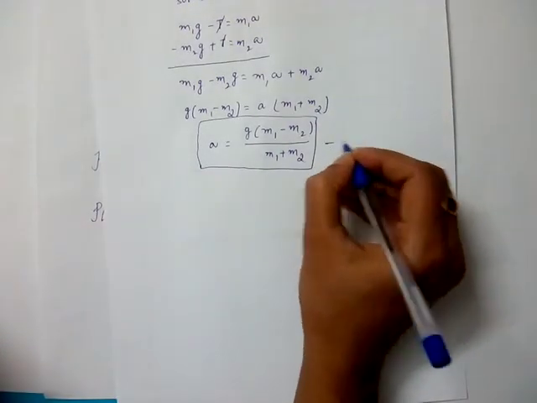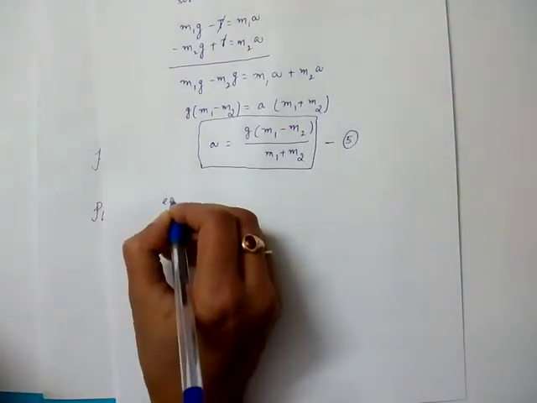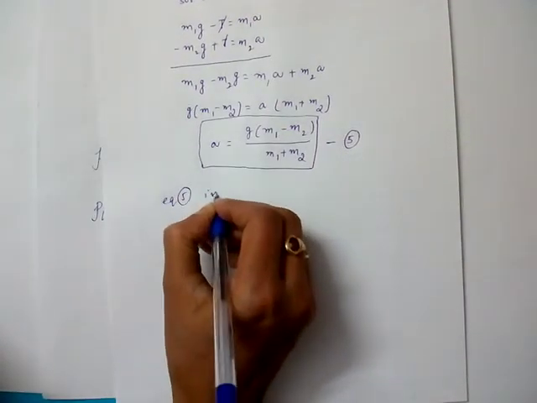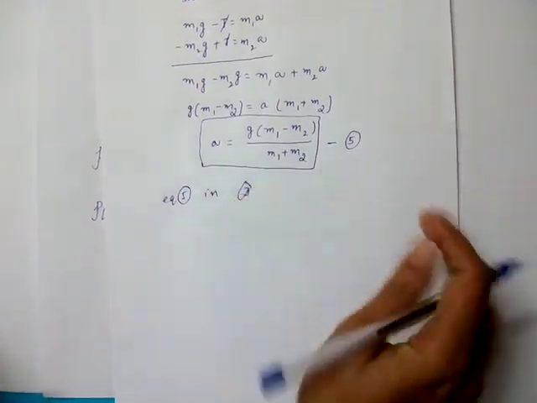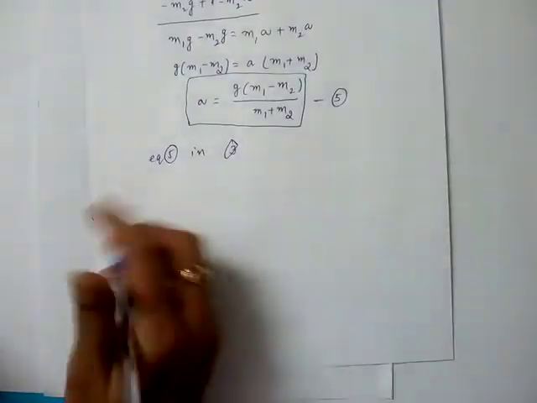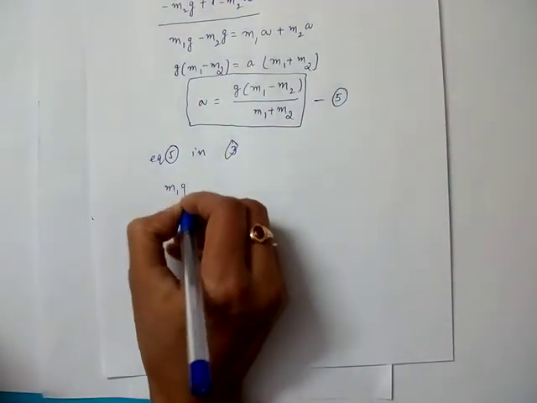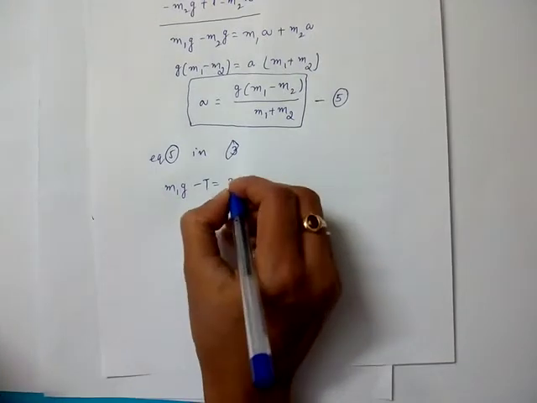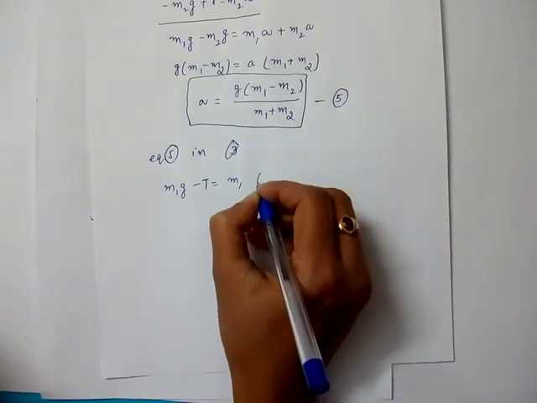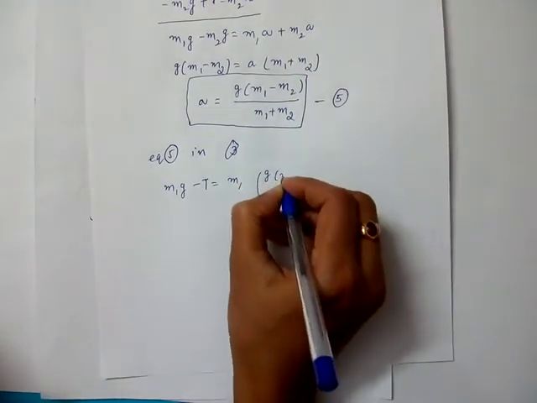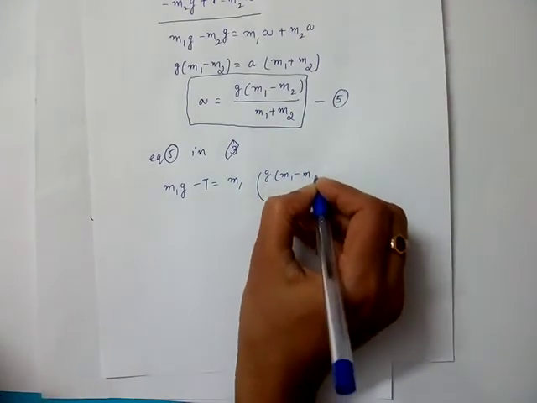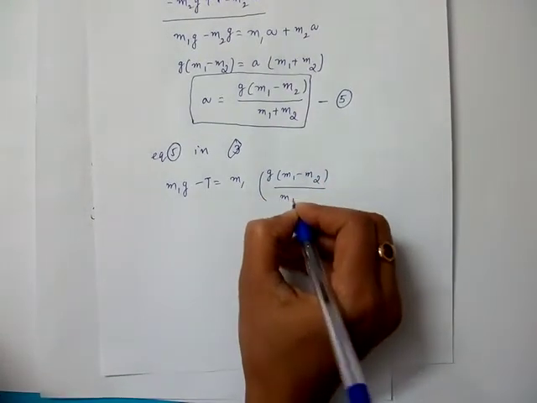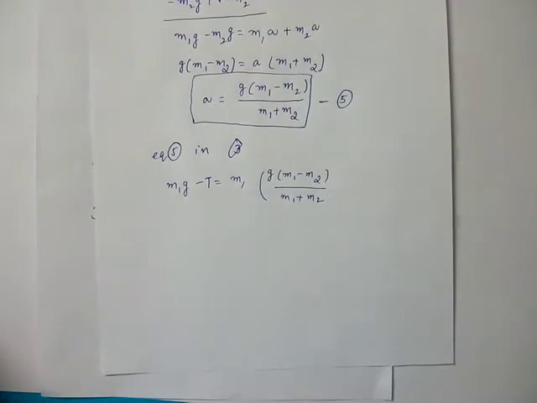Okay, so equation 5 in 3, I am substituting in equation 3. m1g minus t is equal to m1, in place of a I am writing g into m1 minus m2 by m1 plus m2.